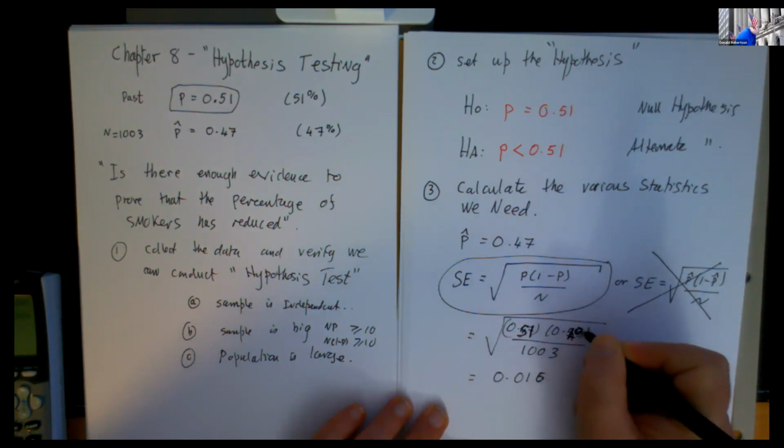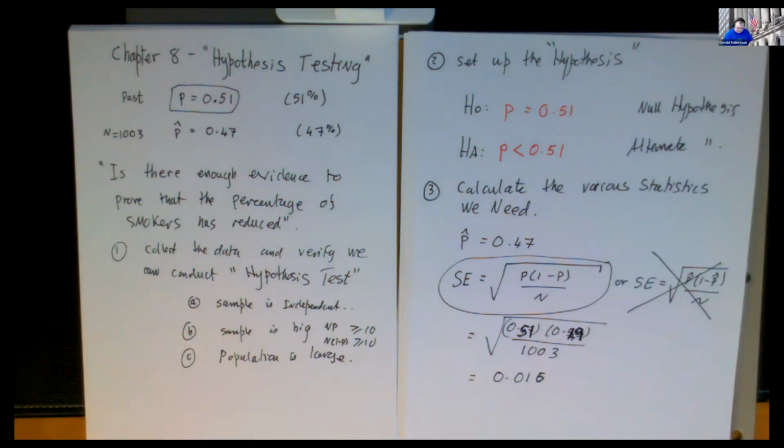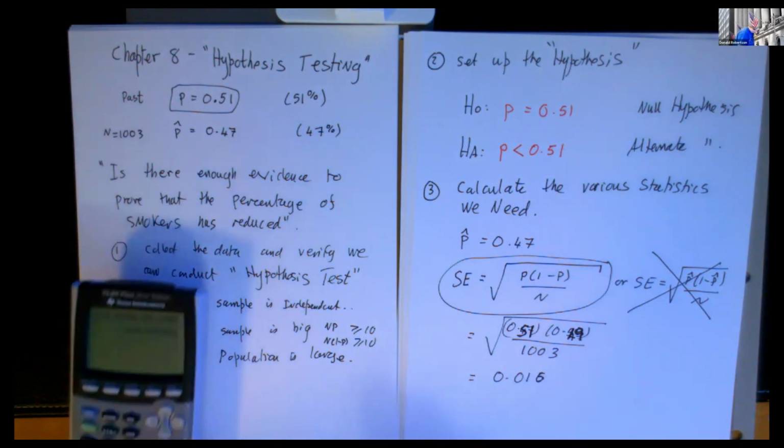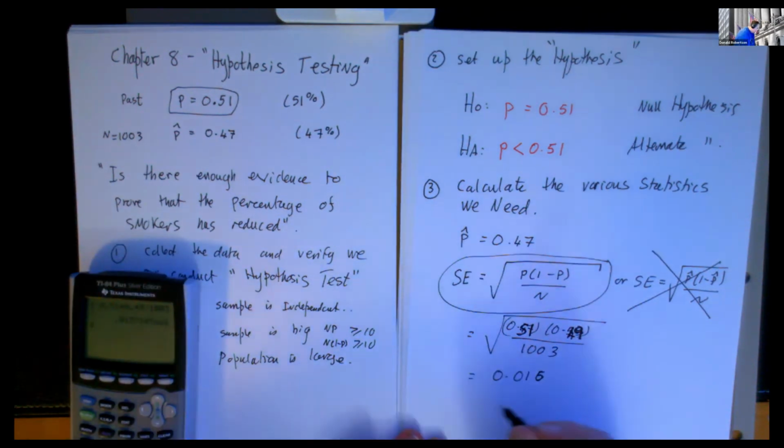But with a little bit of jiggery pokery, I can fix it. So it's going to be the square root of, this time 0.51 multiplied by 0.49 divided by 1003. And the answer I get is 0.0158, which actually ends up being 0.016.